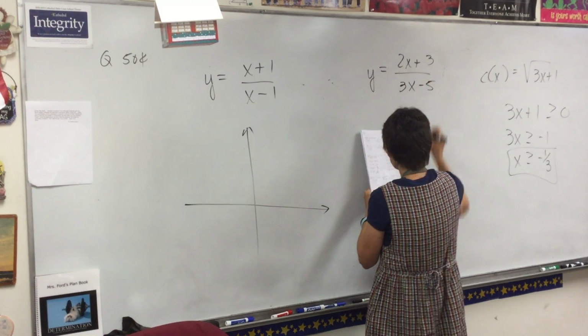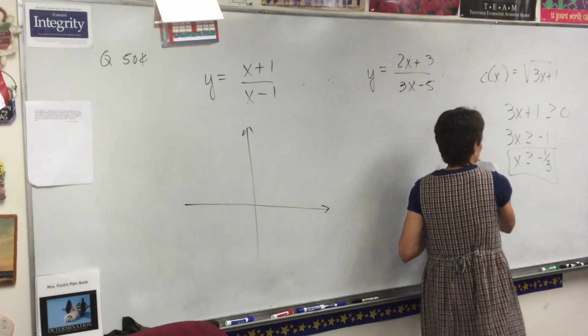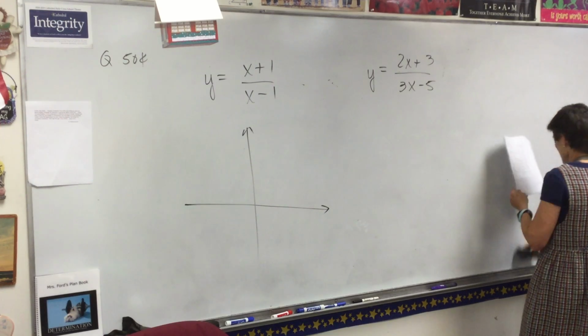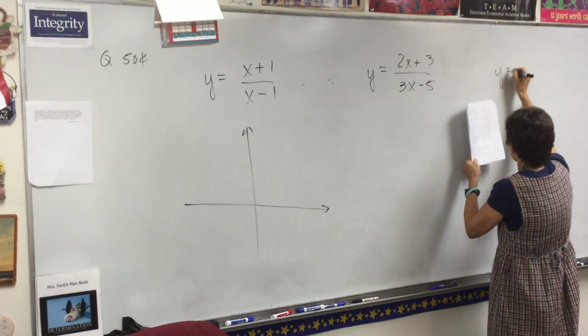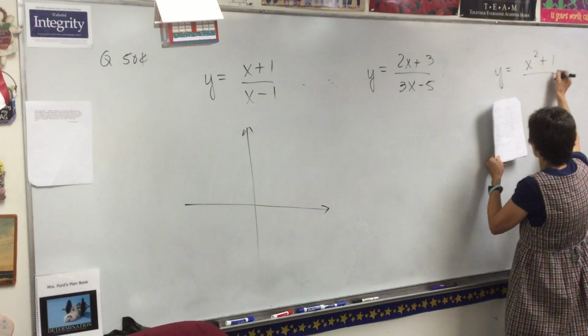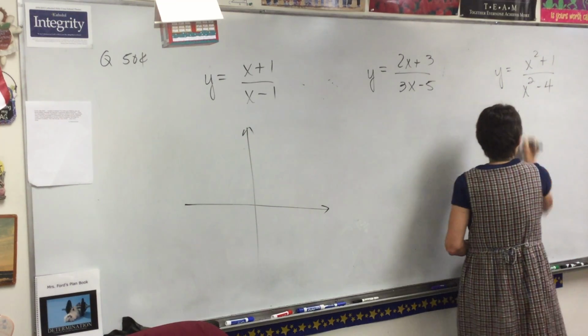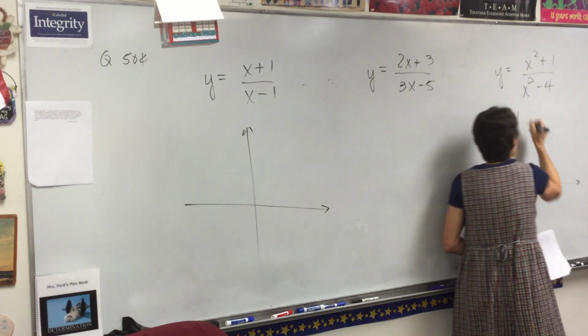Anybody know what an asymptote is? What do we even mean by asymptote? No one knows? You don't know what asymptotes are?